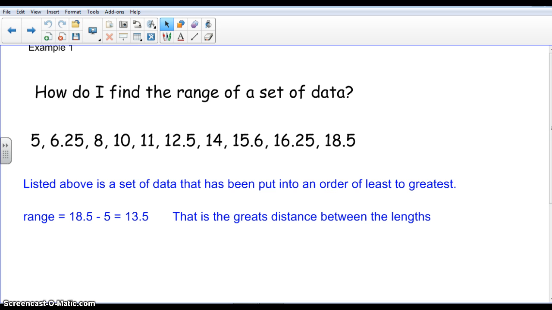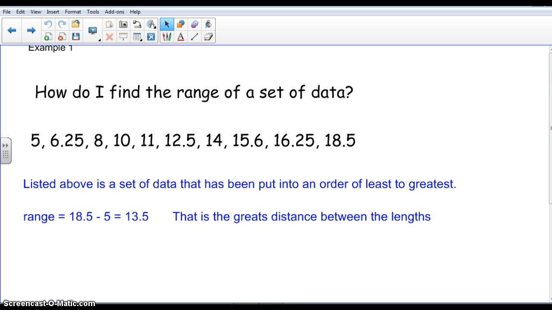Okay, example 1, page 414. How do I find the range of a data set? Basically, to find the range of the data set, once again, you have to put them in order, either from least to greatest or greatest to least, either way.